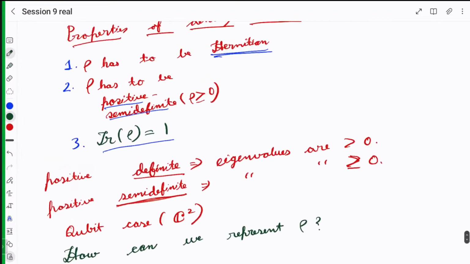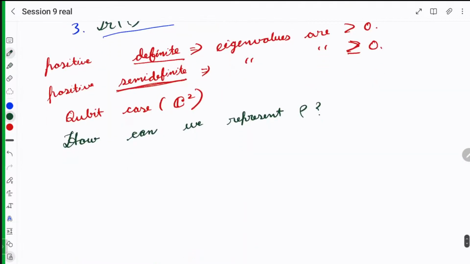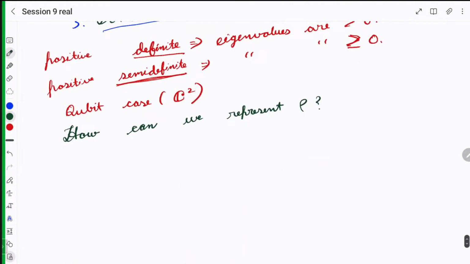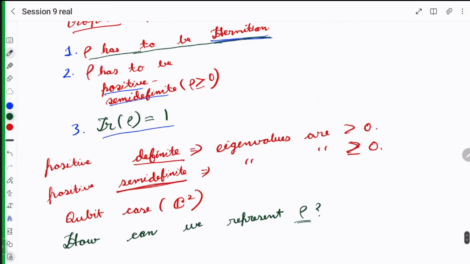So, if you want to represent rho, we first have to look at the properties of rho. What are the properties? First property is that rho has to be Hermitian. Since this is rho on C2, these density matrices are all 2 by 2 matrices, right?